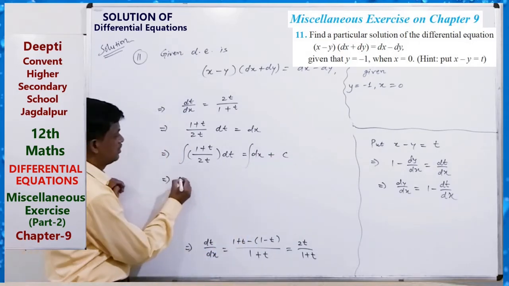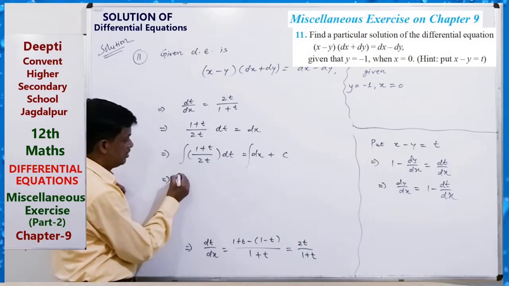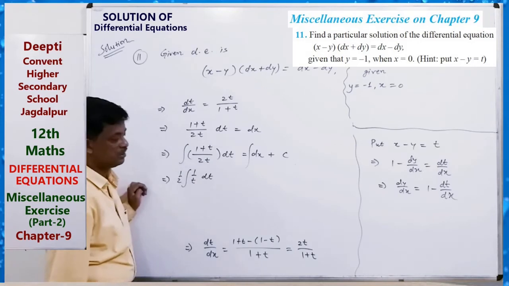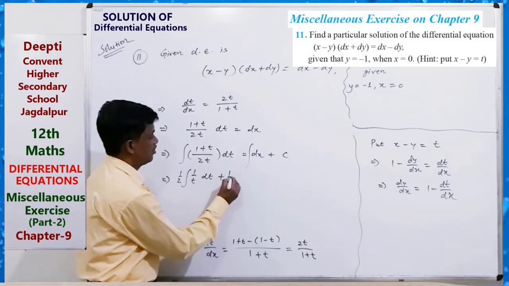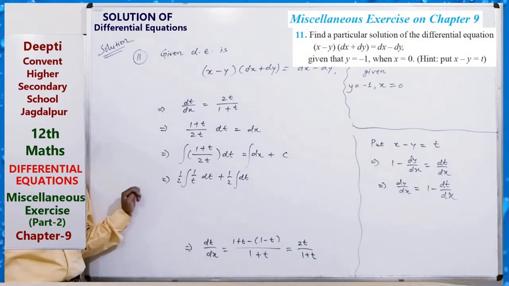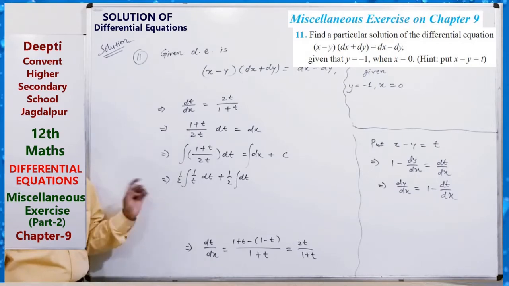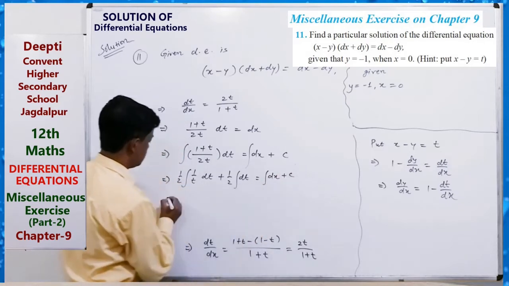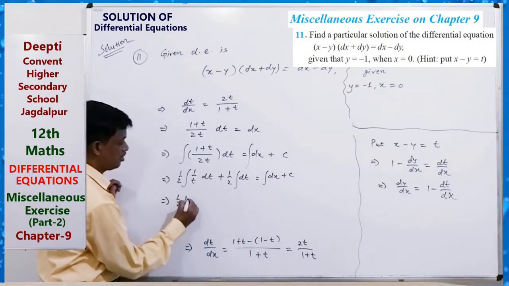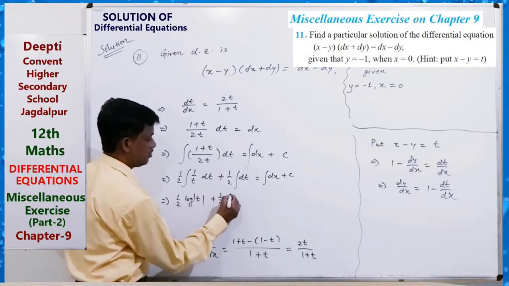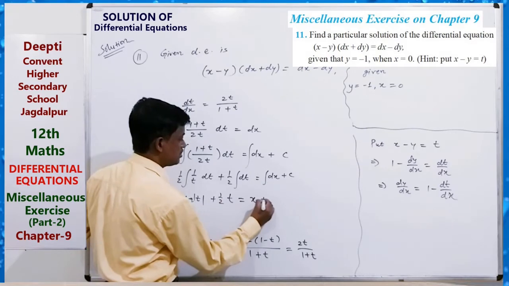So 1 by 2 integration of 1 by t dt plus 1 by 2 integration of dt equals integration dx plus c. So half log t plus half t equals to x plus c.